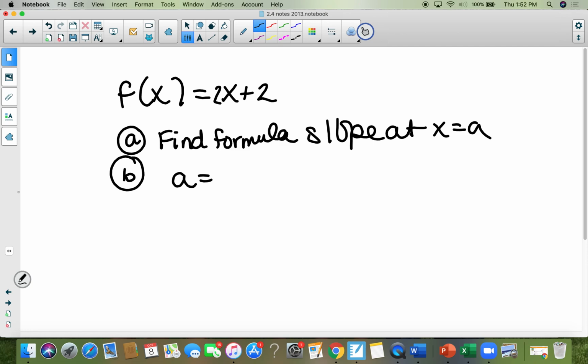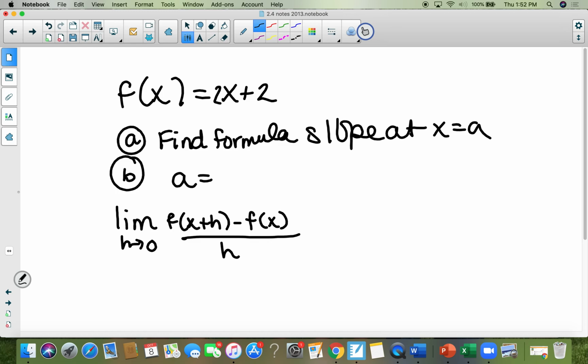So you're going to do the limit as h approaches 0 of f of x plus h minus f of x all over h. We're going to start with a very basic one this year. I added this, so you have to find some extra room.